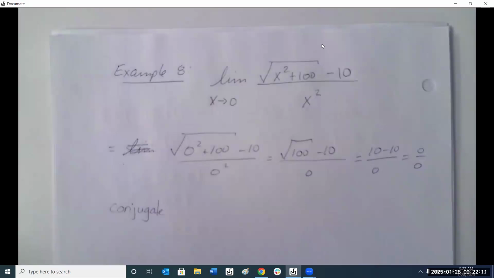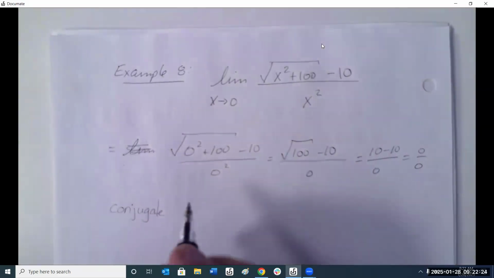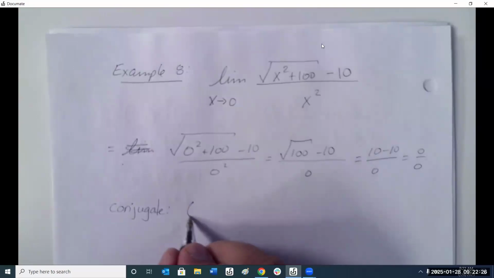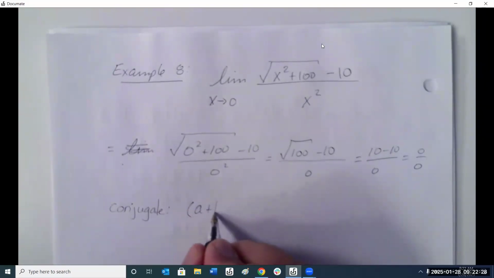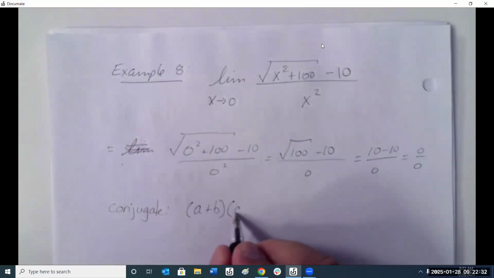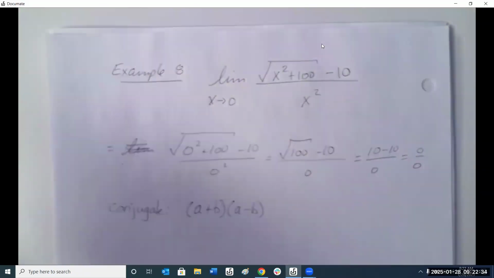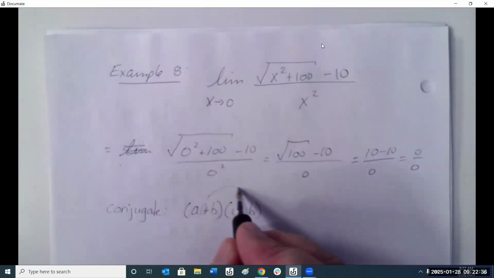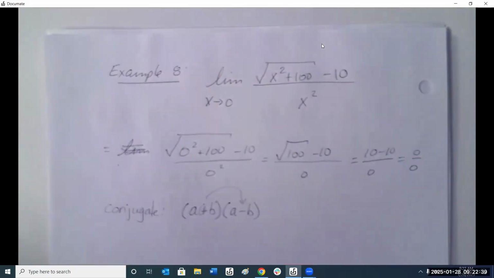What is a conjugate? We first learned it when we dealt with imaginary terms. If I had a plus b, the conjugate would simply be a minus b. Just change the sign in the middle. That's all the conjugate is.